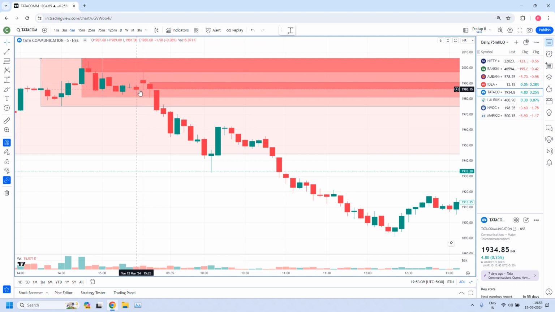The reason is you add the hidden body here. The moment you add the hidden body, it will get a body. So by considering this a failed ERC candle, after adding the hidden body, the length remains the same, but it will get a good body. Okay, base and drop. So here we have drawn a zone.